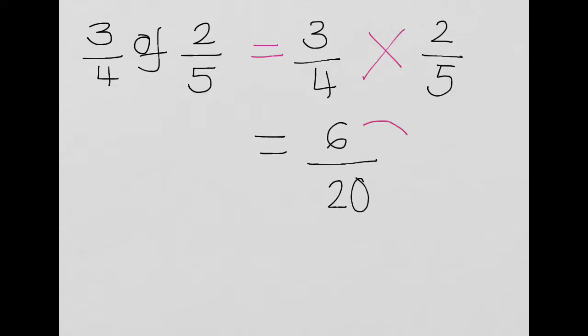That common factor is 2, so I can divide my numerator and my denominator by 2, and my answer would therefore be 3/10. And remember, these are equivalent fractions, so 6/20 is equivalent to 3/10. But this is the simplified answer, and this is just another fraction with the same value that is not simplified.